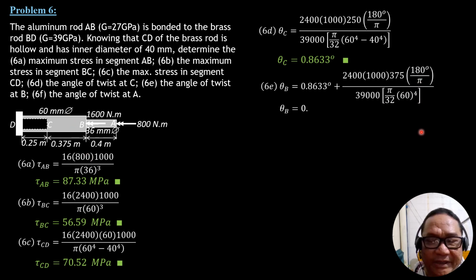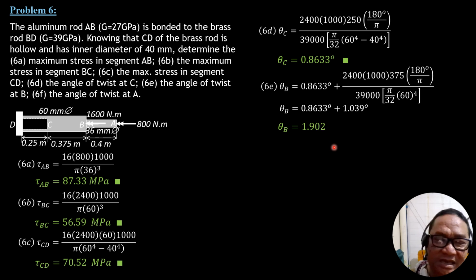So that would be 0.8633 plus 1.039. Combining, theta B is 1.902 degrees.